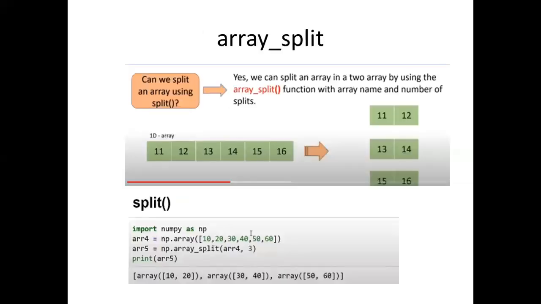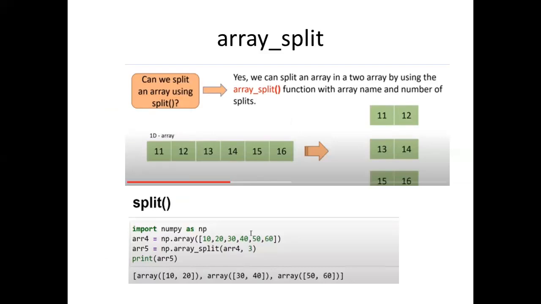Then array splitting. We can split an array into multiple arrays by using the array_split function with the array name and the number of splits. Okay, the 1D array is given. Using the split function, we can split it up. Suppose the 1D array has 6 elements in total.